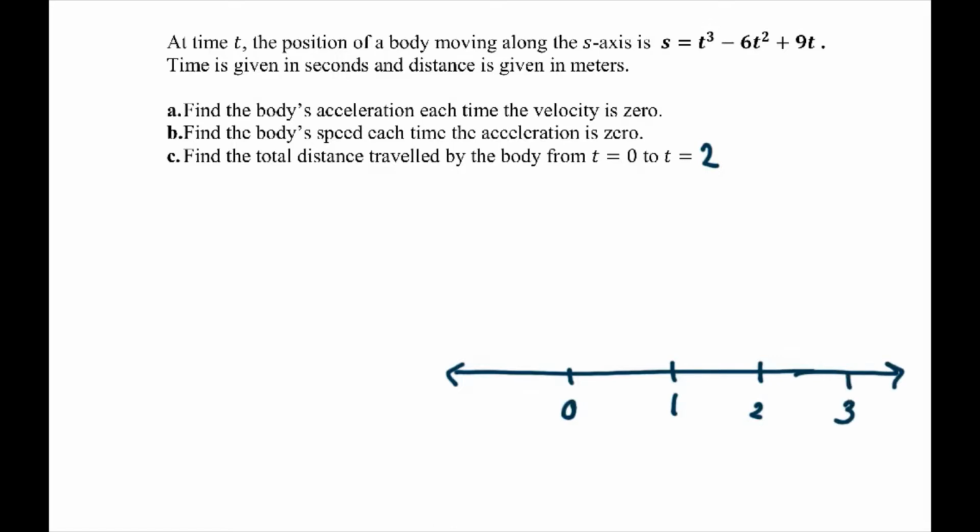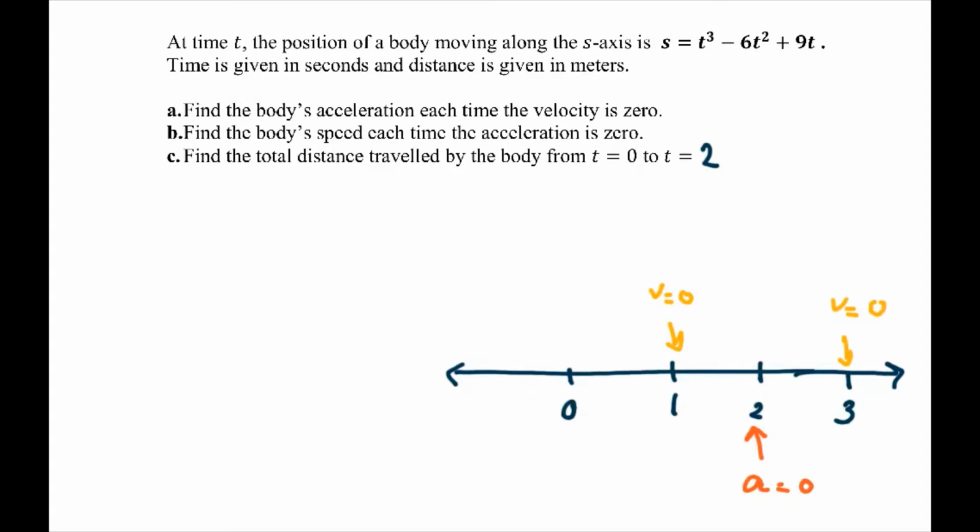So what happened exactly at these points? At t equals 3, the velocity was 0. At t equals 1, the velocity was 0. And at t equals 2, the acceleration was 0. And of course, we start from 0 because that's our starting point.